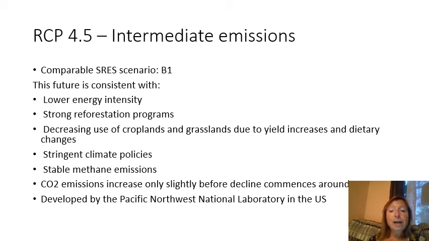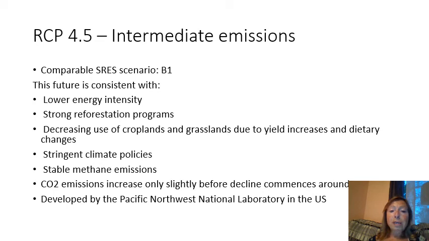It also emphasizes a very quick departure from fossil fuels, so very low intensity of our use of fossil fuels, and a decline of emissions of carbon into the atmosphere. This scenario also suggests a decrease in the use of croplands and grasslands due to yield increases and dietary changes. So under this scenario, we're really expected to eat significantly less meat.